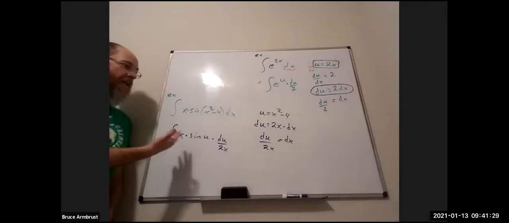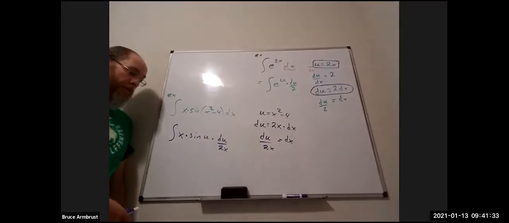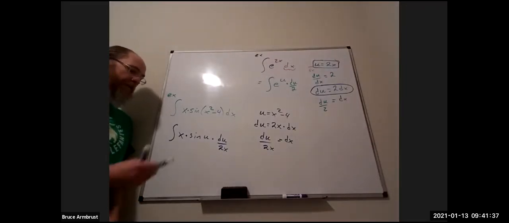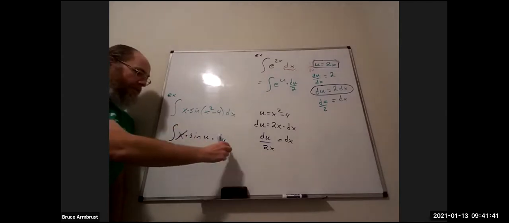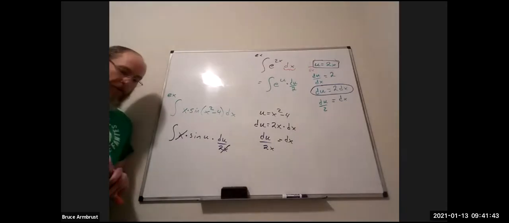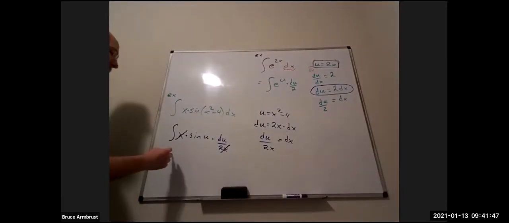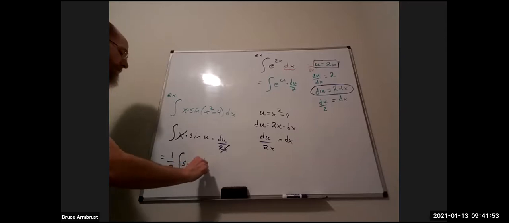So looking at that, you still see x's. However, luckily enough, those x's are going to cancel. So once those are taken care of, we're left with 1/2 integral of sine of u.